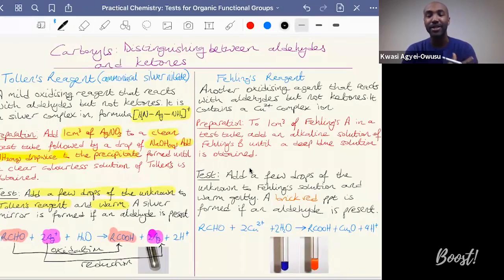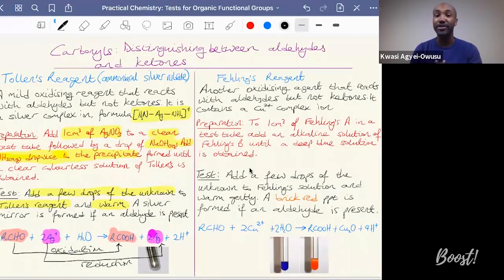So if you're again linking this back to your inorganic chemistry and transition metal chemistry, you've got tartrate, derived from tartaric acid, as the ligand in your Fehling's solution. Now, it is an oxidizing agent working on the same principle as Tollens.